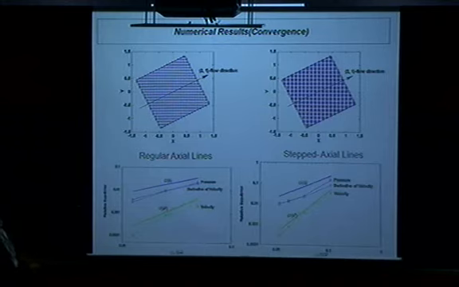So this one is not the regularly distributed x-axial line, y-axial line case. In this case, we have very good convergence results. Even in this case, we have second order convergence for the derivative, and pressure has first order convergence.